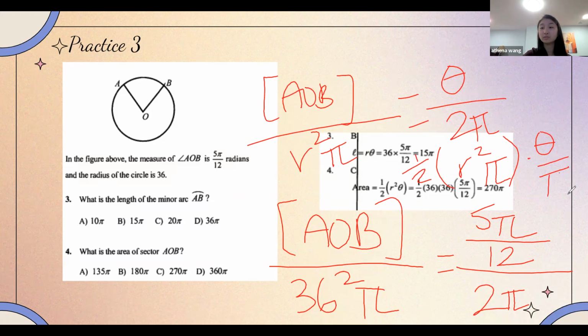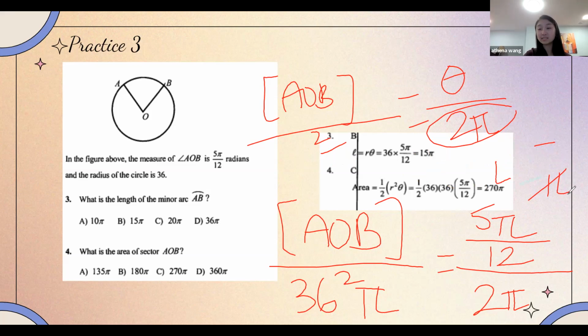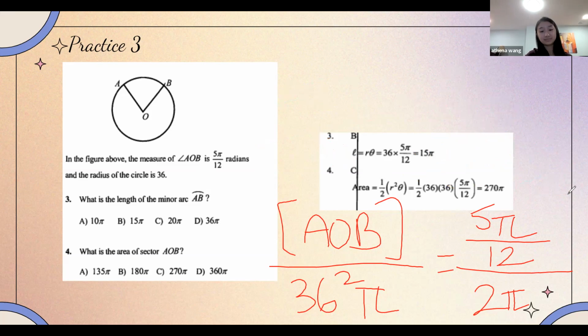I moved the 2 to the front, if you can see it over here. That's how we can get our 1/2 r squared theta. But we can also just do it the way at the bottom, so you can get it immediately and we don't need to memorize formulas like that, although they are helpful to memorize.